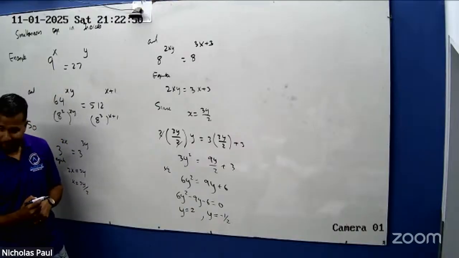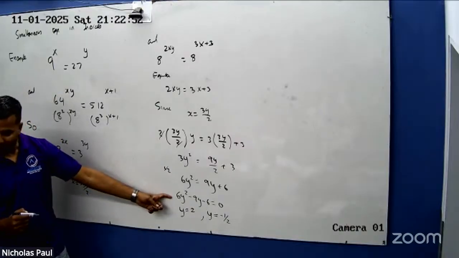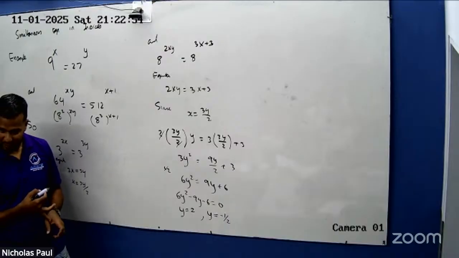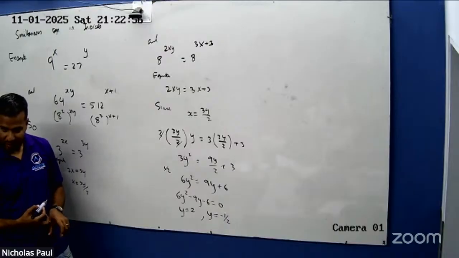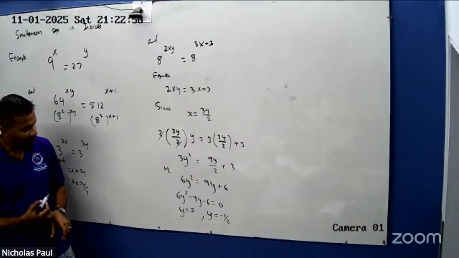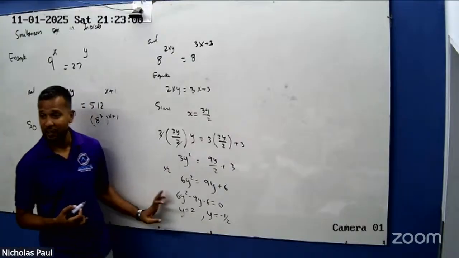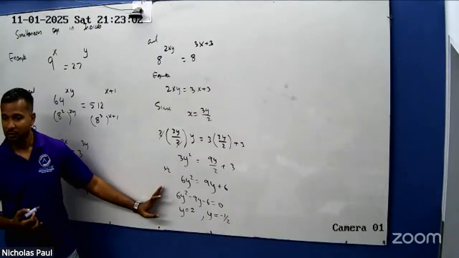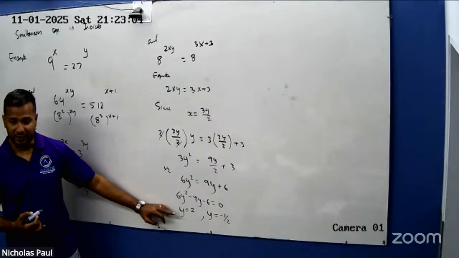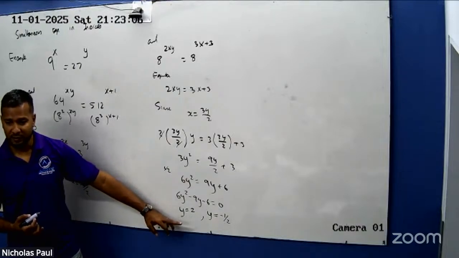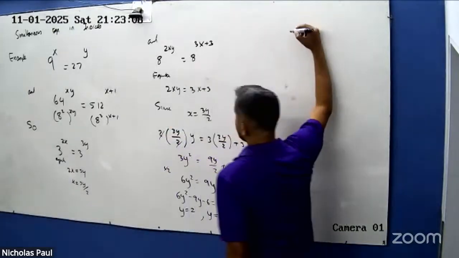Huh? Like quadratic? You forgot this already? X and y, not two y values. Anybody else got this on the calculator? Yeah? y is 2, y is minus half. Right, but you're not done.